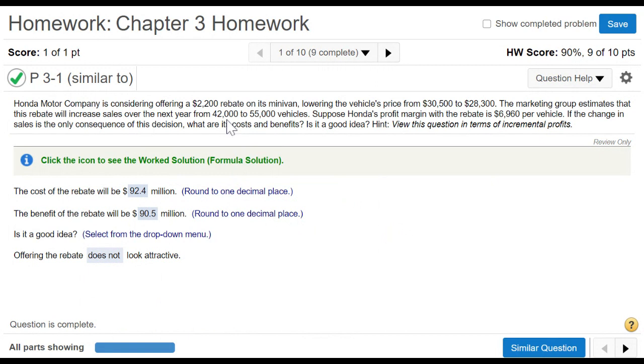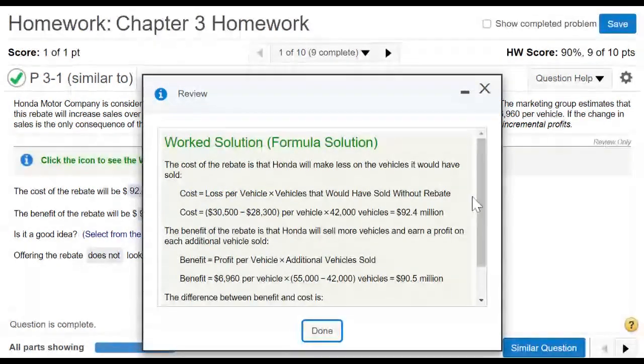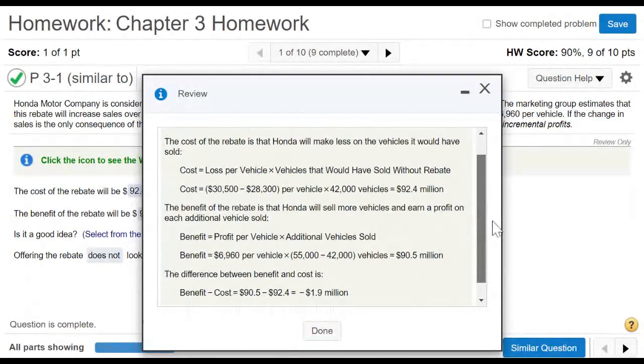They increased their sales from 42 to 55. So the net between 42 and 55 is 13. And then the profit margin is 6,960. So we're going to say 13,000 times 6,960, and we're going to get 90.5 million. This is what the calculation looks like.